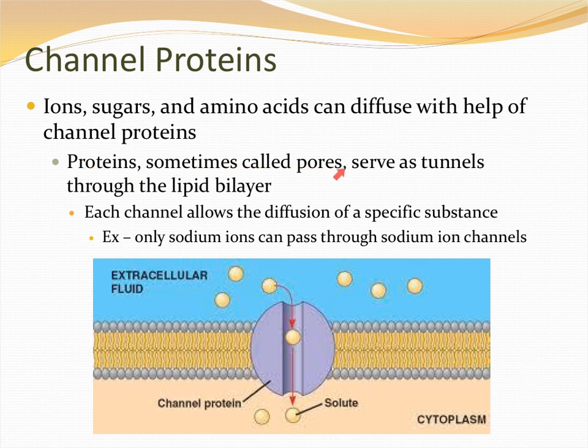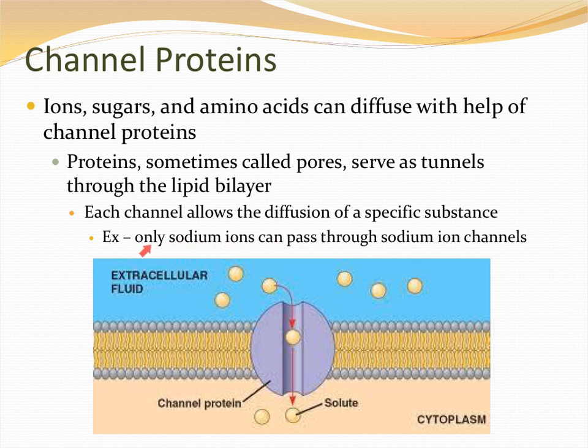Proteins, sometimes called pores, often serve as tunnels through the lipid bilayer. We talked about this, didn't we? Don't say no, trying to push my buttons this morning. We talked about channel proteins acting like tunnels. Each channel allows the diffusion of specific substances. So this channel will allow sugar through. Another protein might let something else through.